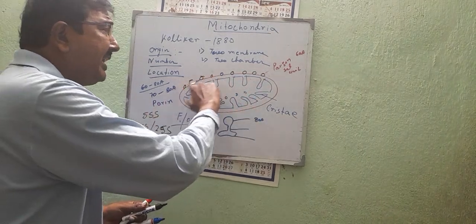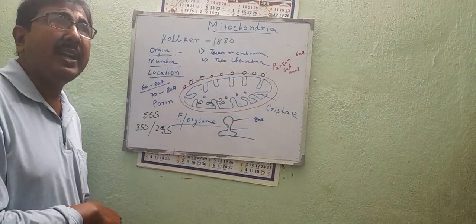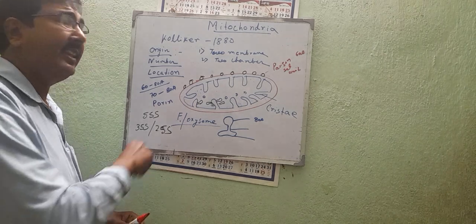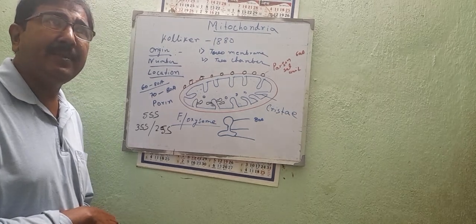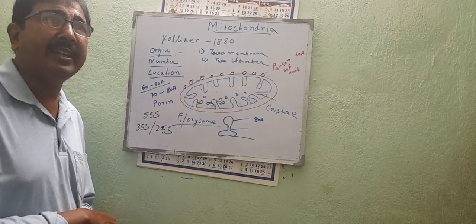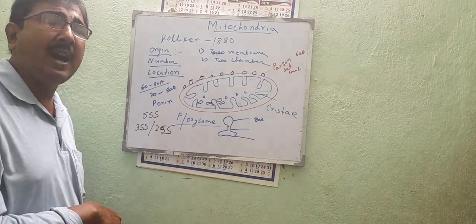Different types of enzymes are present in mitochondria. The outer membrane contains fatty acid coenzyme ligase, the inner membrane contains ATP synthetase, and the matrix contains citrate synthetase and fumarase.